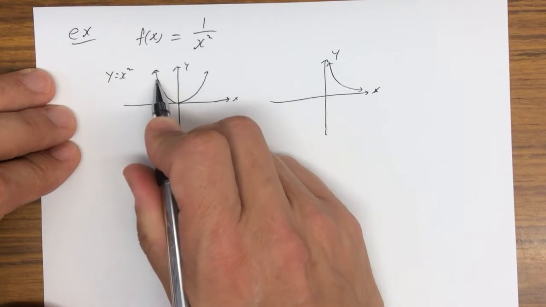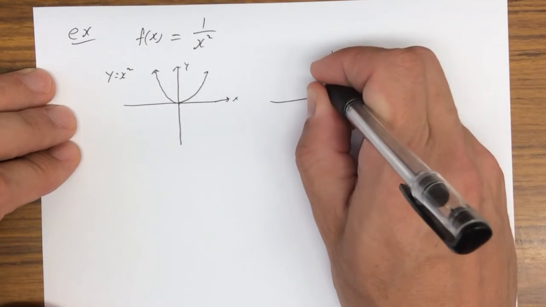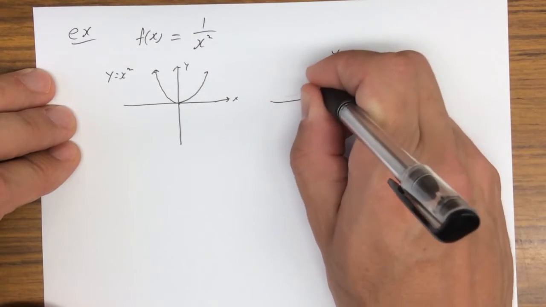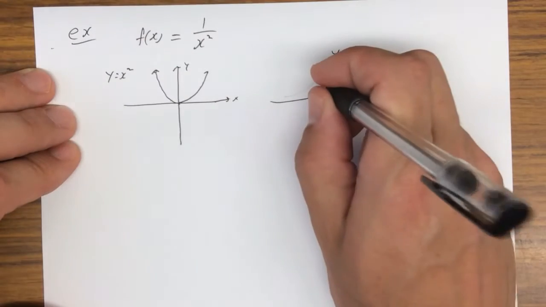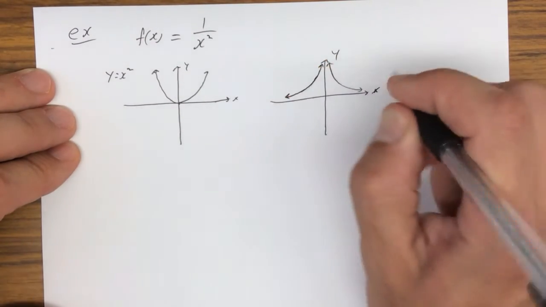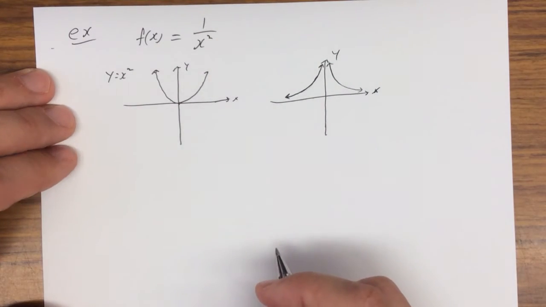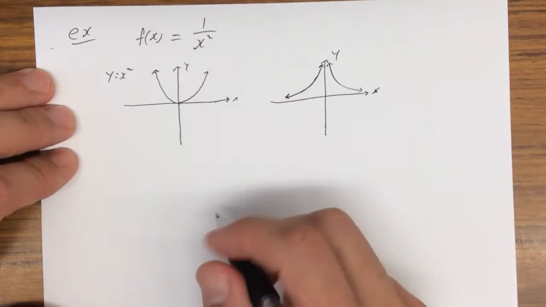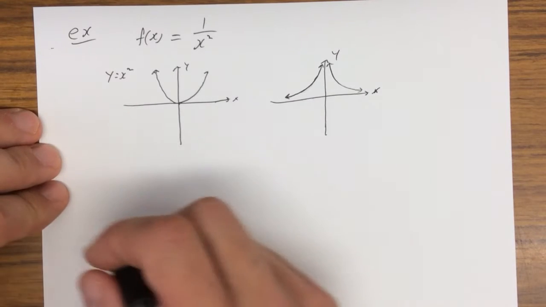So you're going to get the same effect on this side, and it's going to look a little different than y equals 1 over x, but has some similarities. So that would be 1 over x squared, and the y-axis is a vertical asymptote.